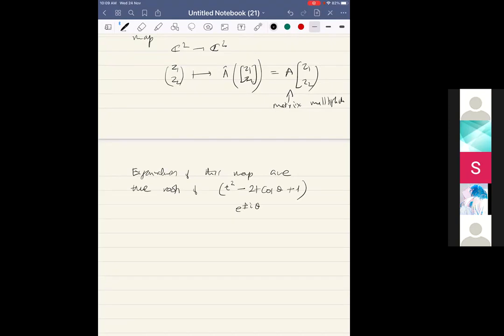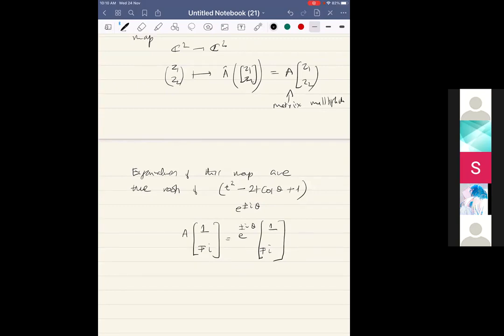And we get eigenvectors (1, plus or minus i). So if theta is not 0 or pi, it has two distinct complex roots, e to the plus or minus i theta.